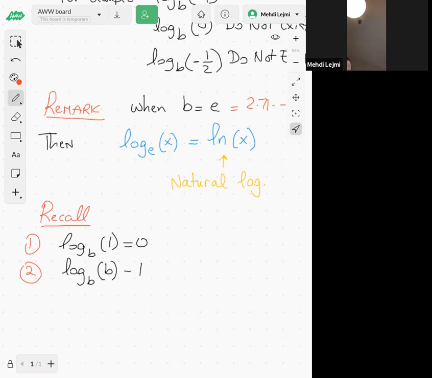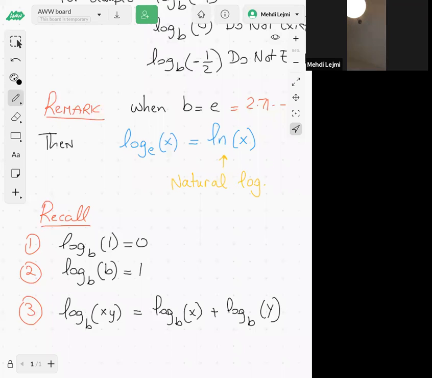Next, when we have a log of a product, so if you have the log of x times y in base b, that will be the sum of the logs. So that's the log in base b of x plus the log in base b of y.